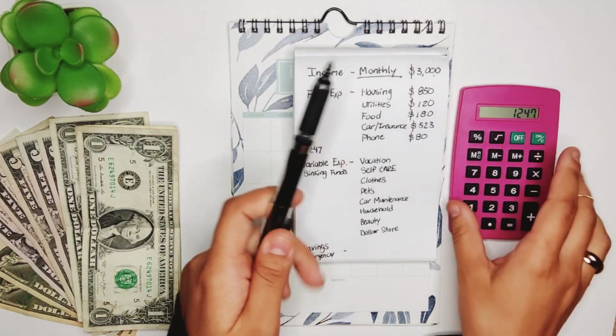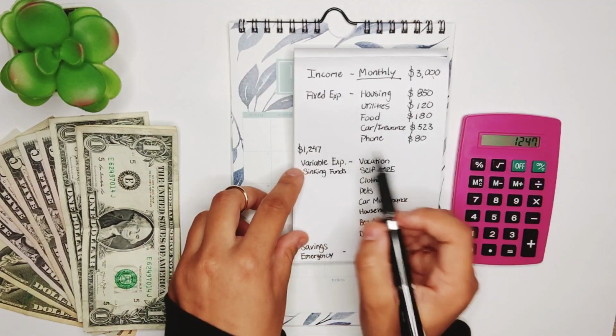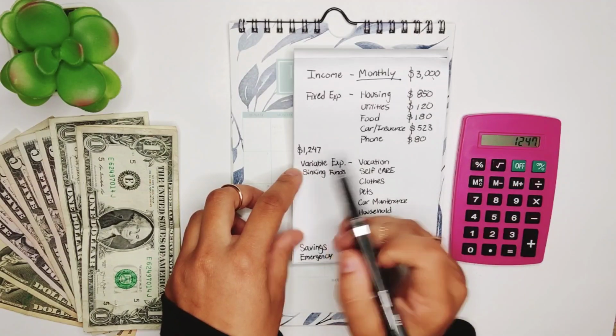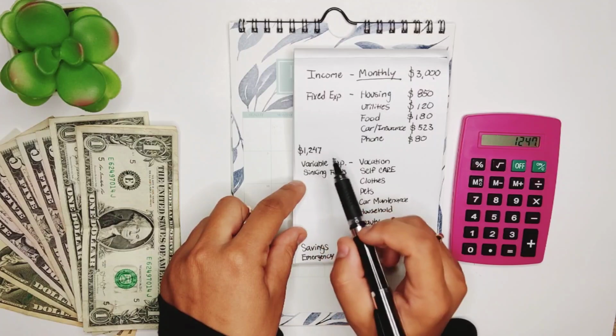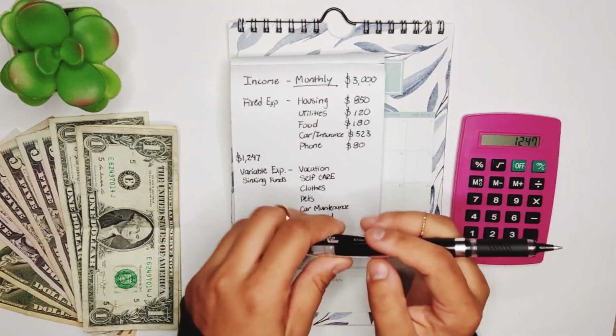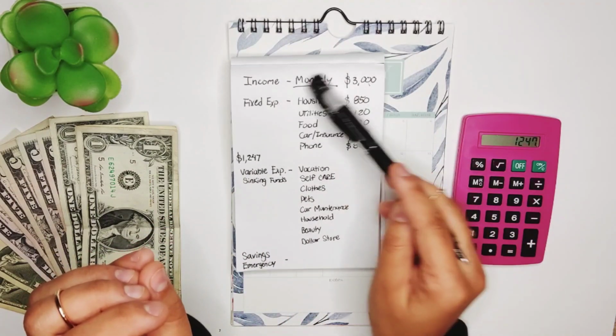So back to this calculator, we had written down that after subtracting all this from your monthly income, our pretend monthly income, we got $1,247. Now, that $1,247 is that monthly leftover.